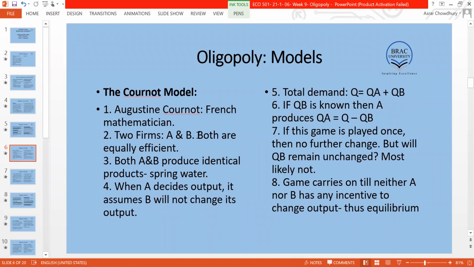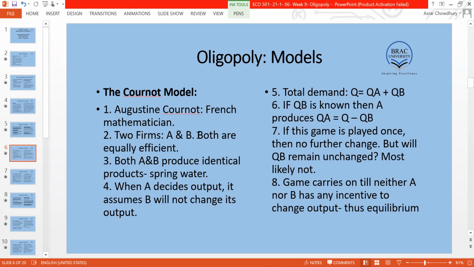Now, if the spring water comes from a single source and there are 2 sellers, as a consumer, will you see the 2 sellers' items as different? If the single source is such that they're selling the same thing, will you see the 2 items as different?